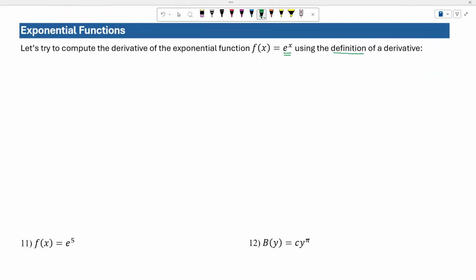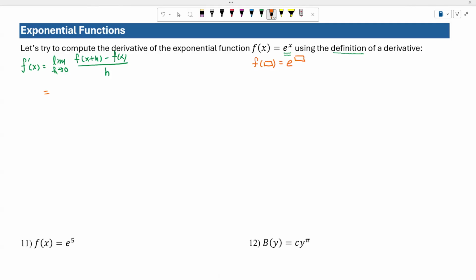Remember the definition tells me that if I want to find f prime of x, it is equal to the limit as h approaches 0 of f of x plus h minus f of x, divided by h. Remember f of x equals e to the power of x.